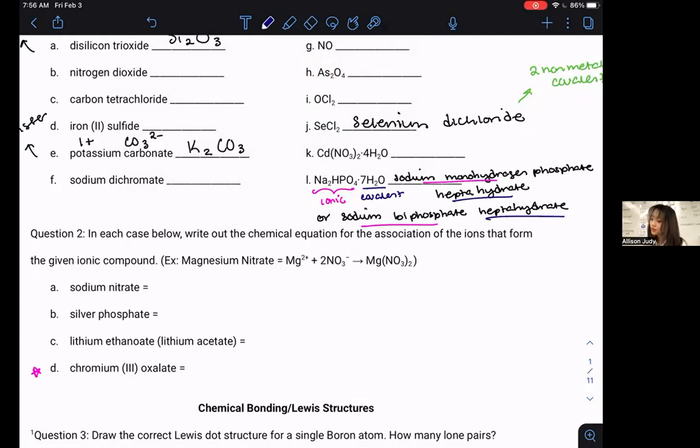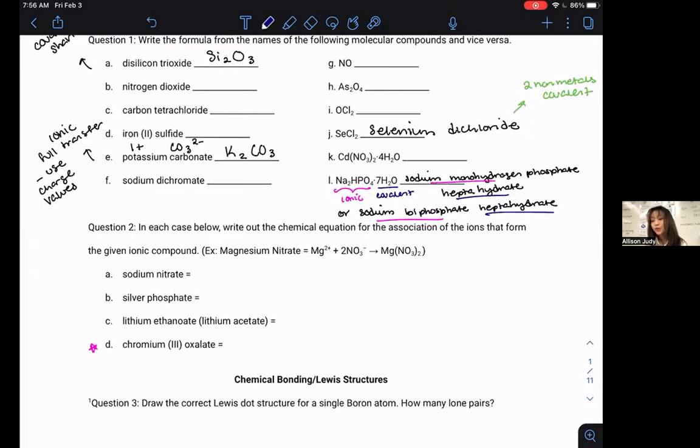So that's just a little review. Naming is really just being familiar. The real reason for all of this is that when the AP or any type of exam gives you a prompt and a molecule, you really need to know how to say it, how to call it, and how to read or write the formula from the name.